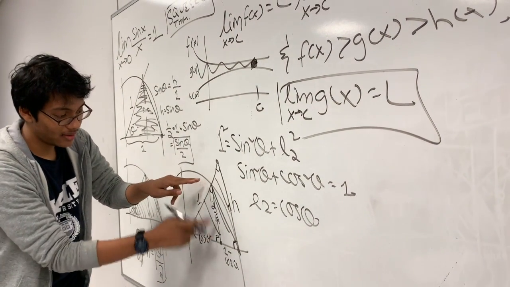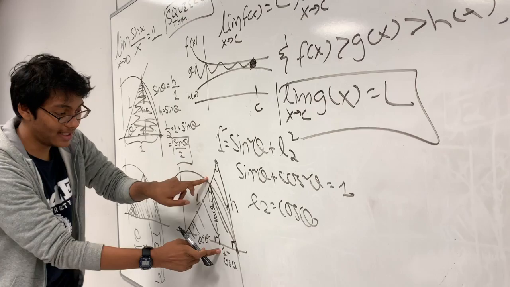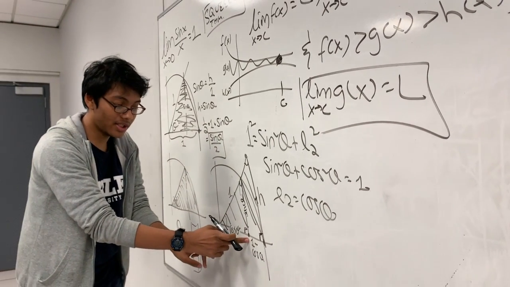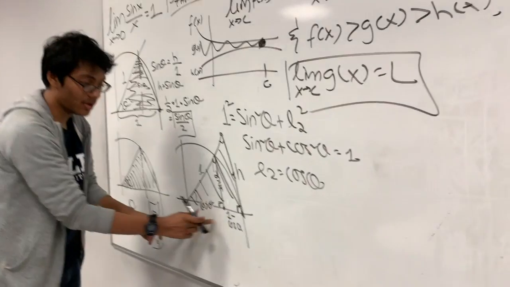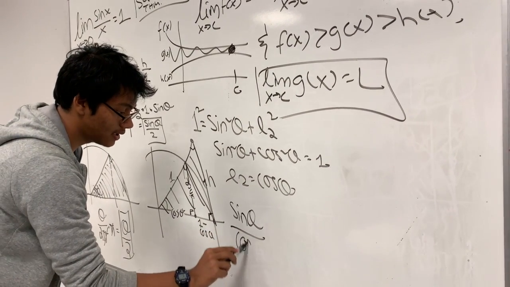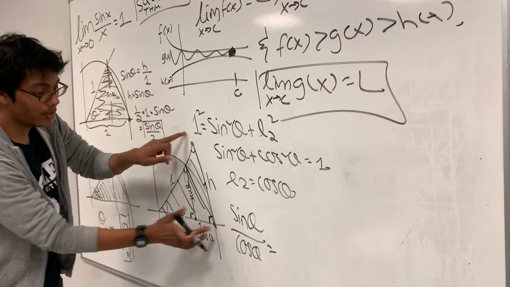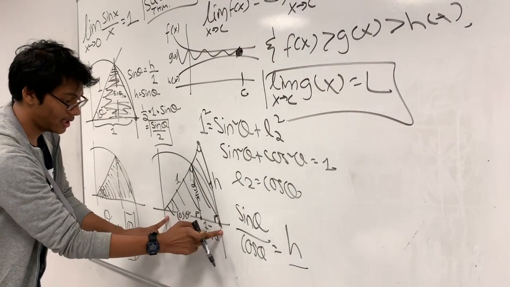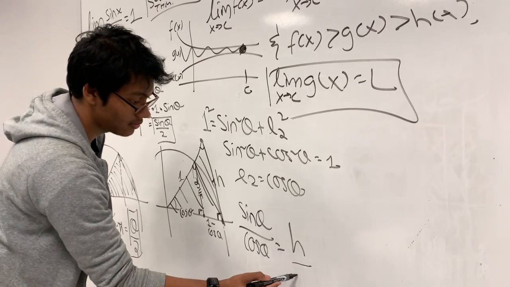This leg over here of this small right triangle, sine, is proportional to this leg over here of the smaller right triangle, cosine. So sine theta over cosine theta is proportional to h over this big leg, which is simply 1.